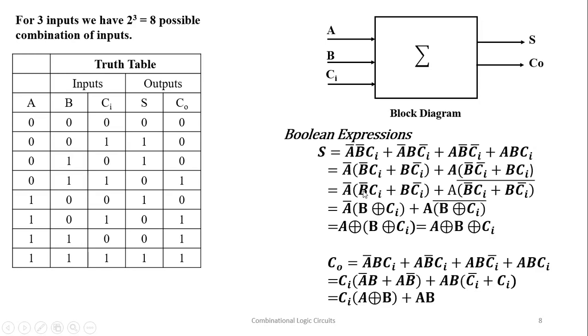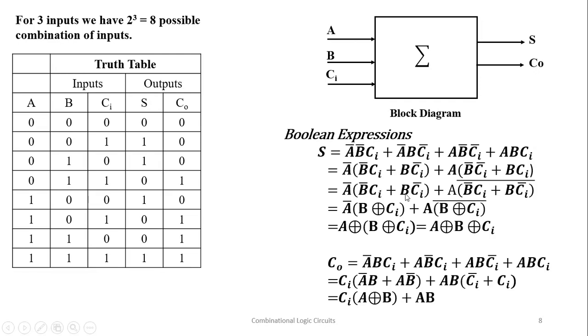Look, this is an exclusive OR gate, and this is an exclusive NOR function. When you look at this pattern, this is an exclusive OR, and this pattern represents exclusive NOR. They are the complement of each other. So exclusive NOR is the complement of exclusive OR.